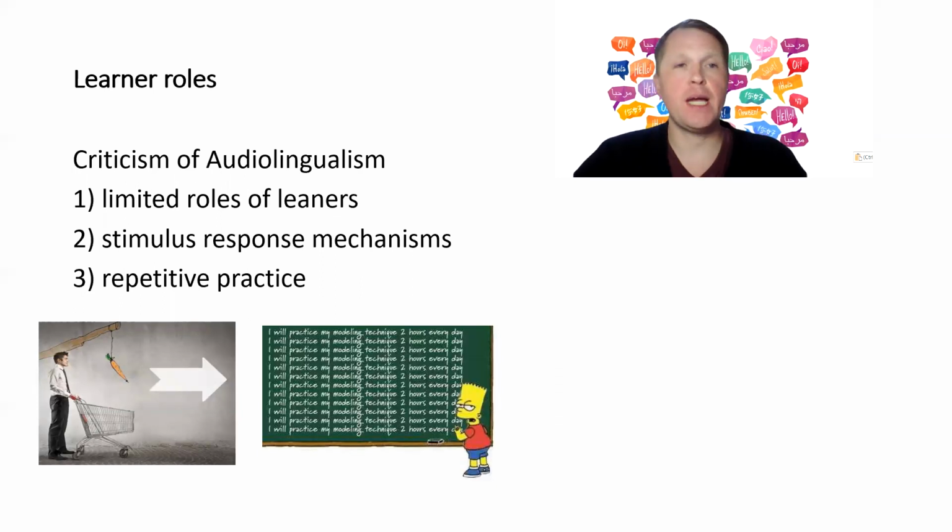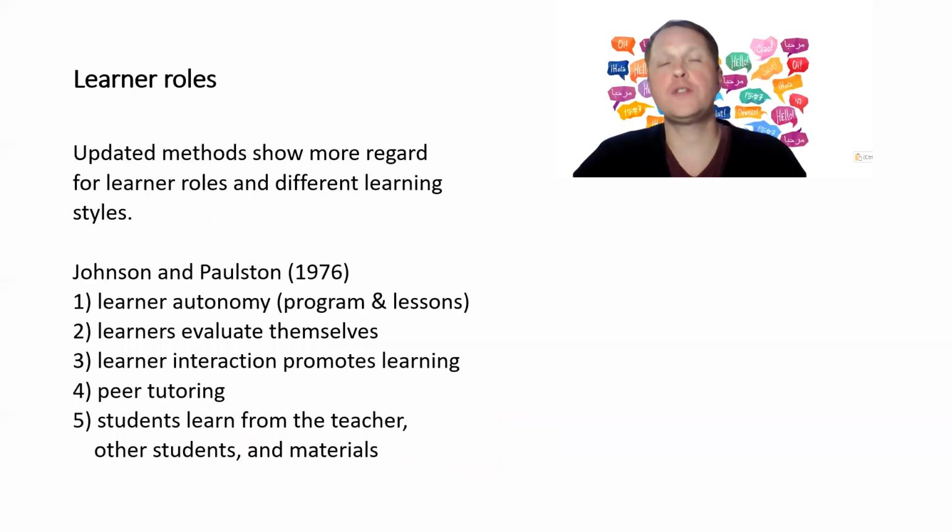So, for example, audiolingualism was criticized for the following reasons. There was a very limited role on the part of the learners. They were viewed as stimulus response mechanisms, the students, that is, and there was a lot of repetitive practice. So in order to update teaching methods, more regard for learners and learning styles was shown.